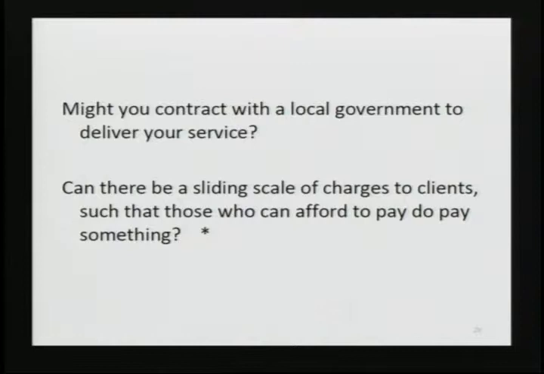Might you contract with a local government to deliver your service? Another idea is, can there be a sliding scale of charges to clients such that those who can afford to pay do pay something?